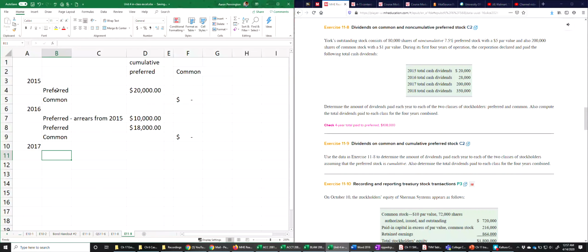In 2017, there's another arrearage, because the preferred shareholders were entitled to $30,000 in 2016, and they only got the 18 for that current year.